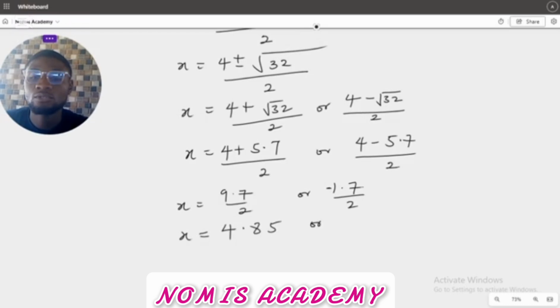If you divide minus 1.7 by 2, you should have negative 0.85. So these are the values of x: 4.85 or minus 0.85.